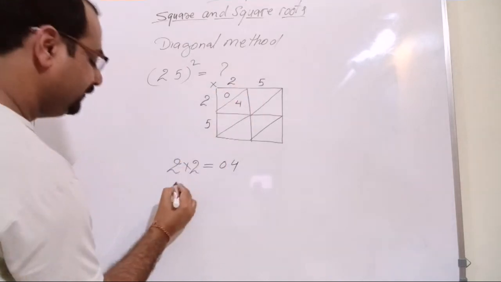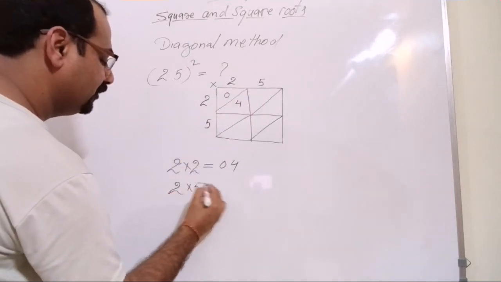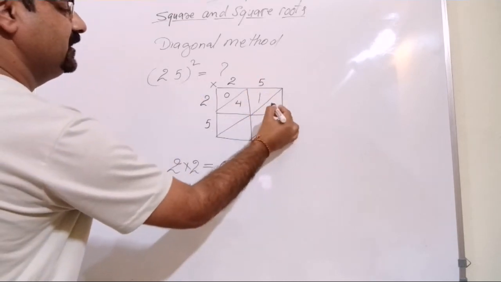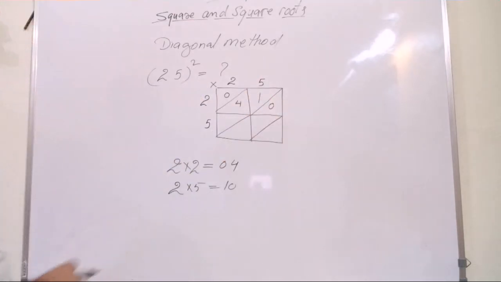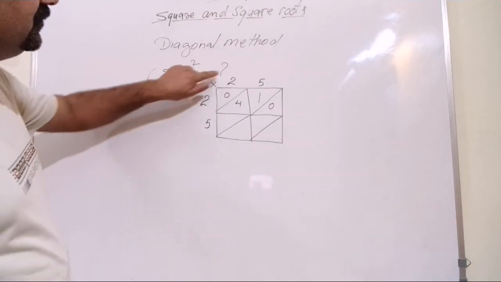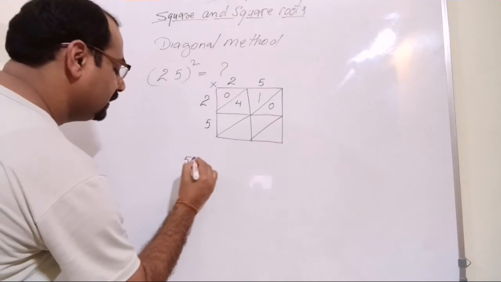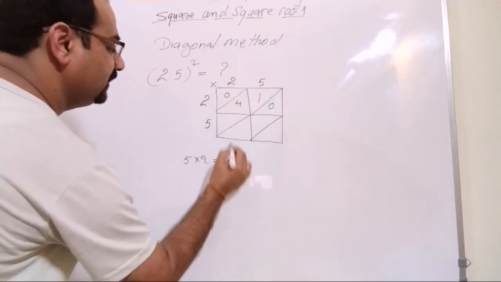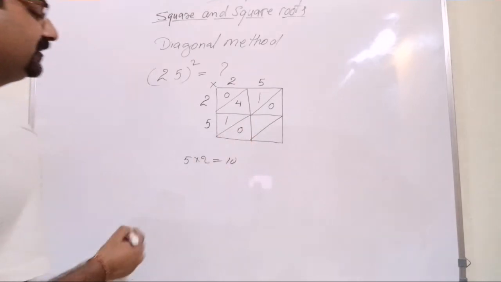Now 2 into 5 is equal to 10, so I write 10 like this. Now how to multiply 5 with 2? 5 into 2 is equal to 10, so I write 10 here.